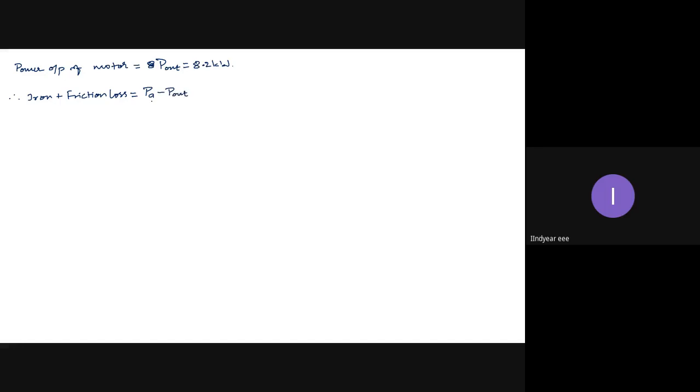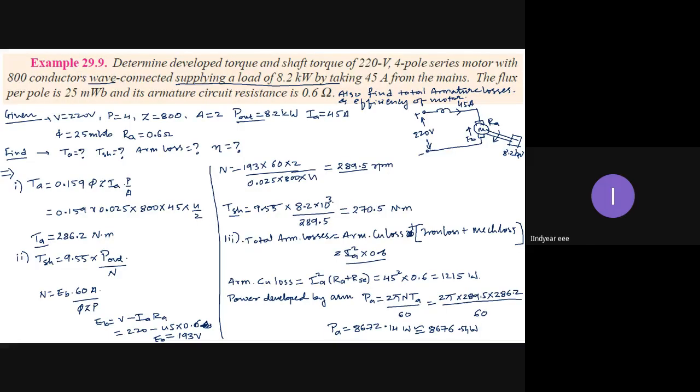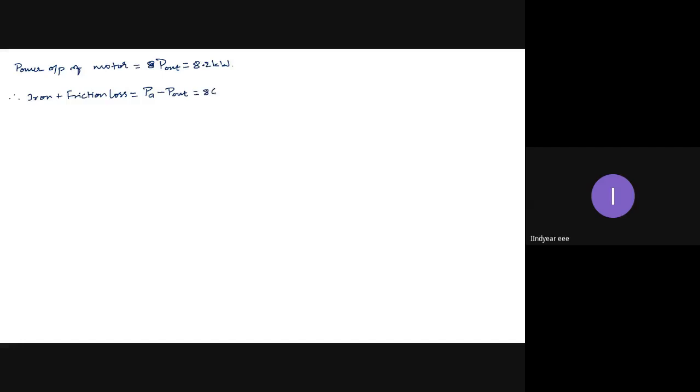PA is the power developed in the armature. Out of the total power developed in the armature, some is used to satisfy iron loss and friction loss. The remaining power is at the output, which is 8.2 kilowatts. Power developed we have calculated: 8676.54 minus 8200.